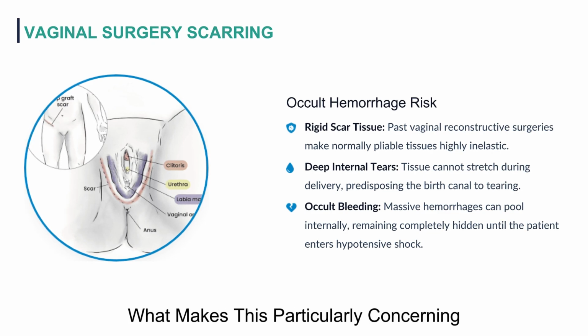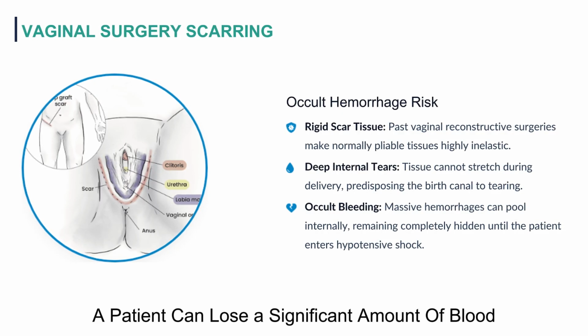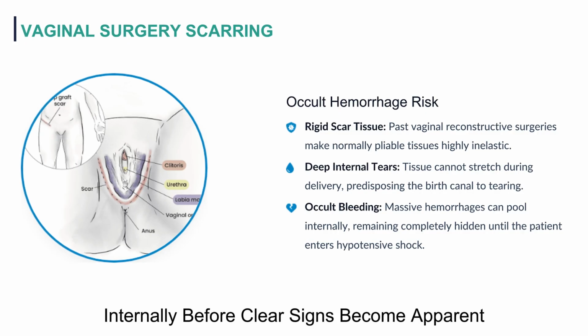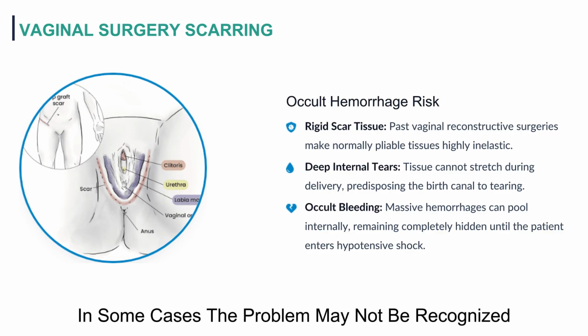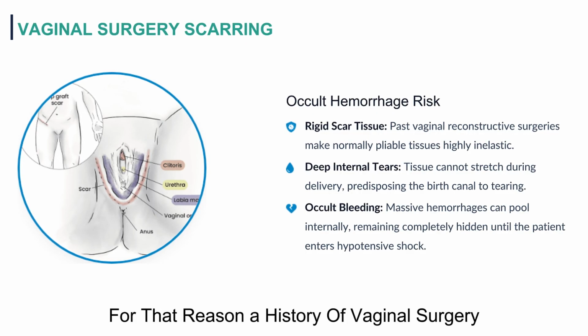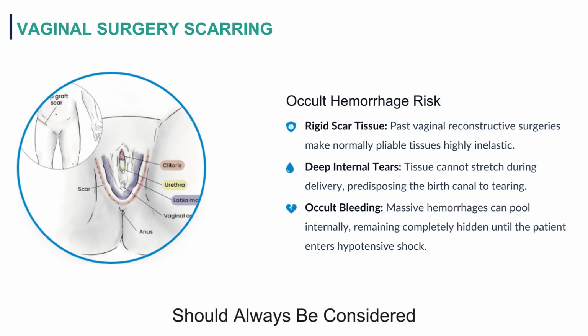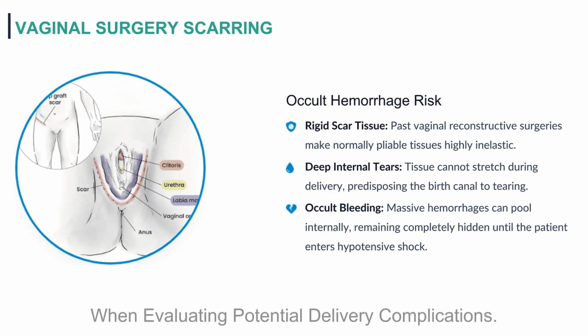What makes this particularly concerning is that the hemorrhage may not be immediately obvious. A patient can lose a significant amount of blood internally before clear signs become apparent. In some cases, the problem may not be recognized until the patient becomes hypotensive. For that reason, a history of vaginal surgery should always be considered when evaluating potential delivery complications.